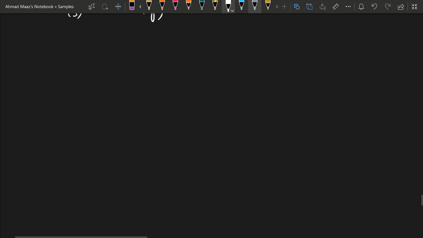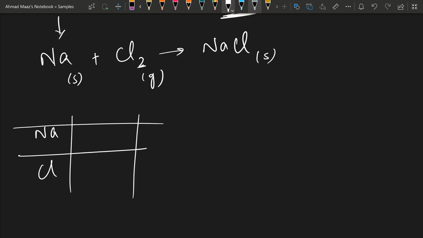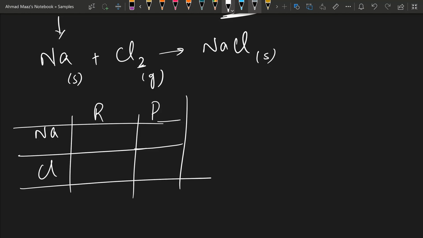Now we have our equation. Let's try to balance this out. I'll write down the elements that we have, and this is the reactant side, and this is the product side. All right, let's see what we can do over here.